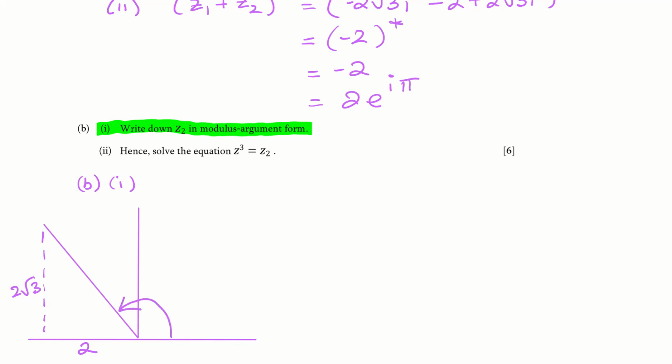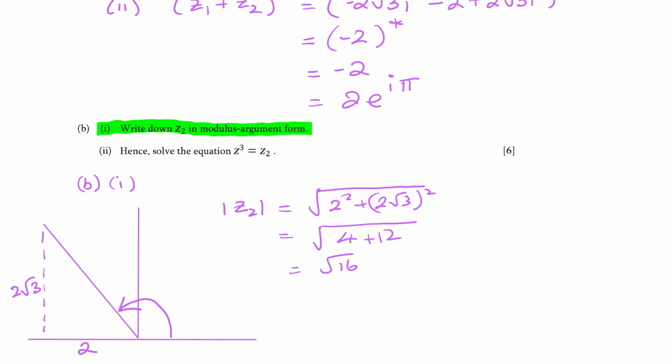And so the modulus of Z2 is the square root of 2 squared plus 2 root 3 squared. And that is the square root of 4 plus 12, which is root 16. So that is 4. And arg Z2, well, we know that 2 root 3 divided by 2 would be root 3.